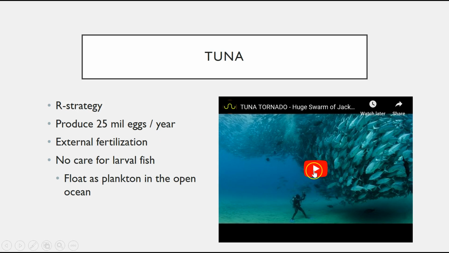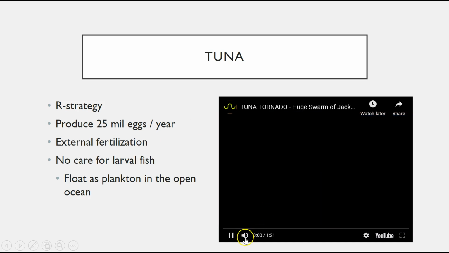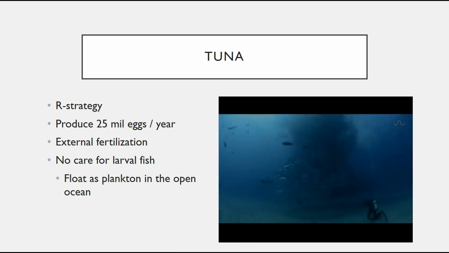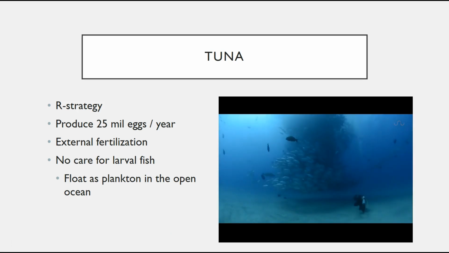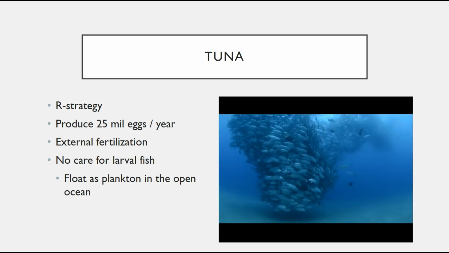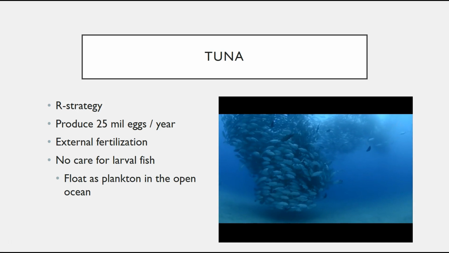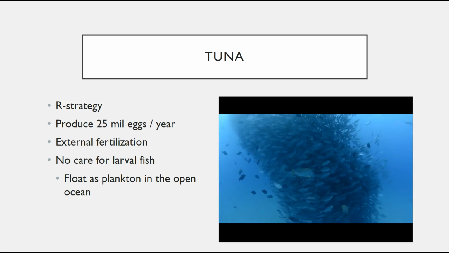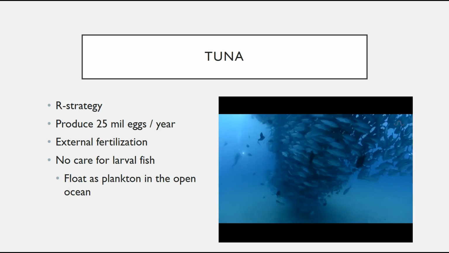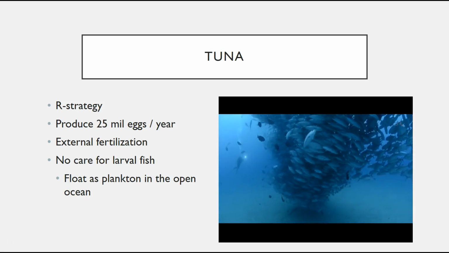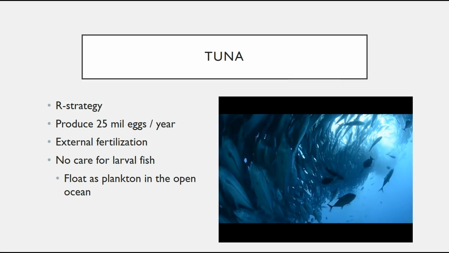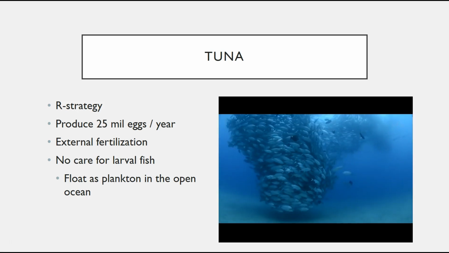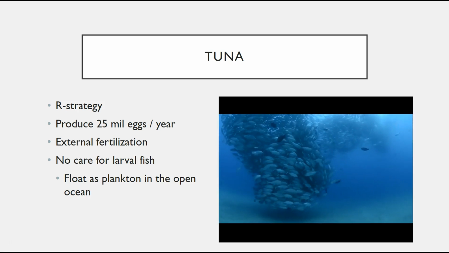What happens with tuna, and I'm going to play this and just talk over it. So what you're going to see with the tuna is, recall shoaling, so this is a shoal of tuna, which by definition is a school, or a group of fish swimming together, and the important part is that they are of the same species and the same age, meaning that when they get to sexual maturity, they're all sexually mature, and you can see just how many there are in this school here.